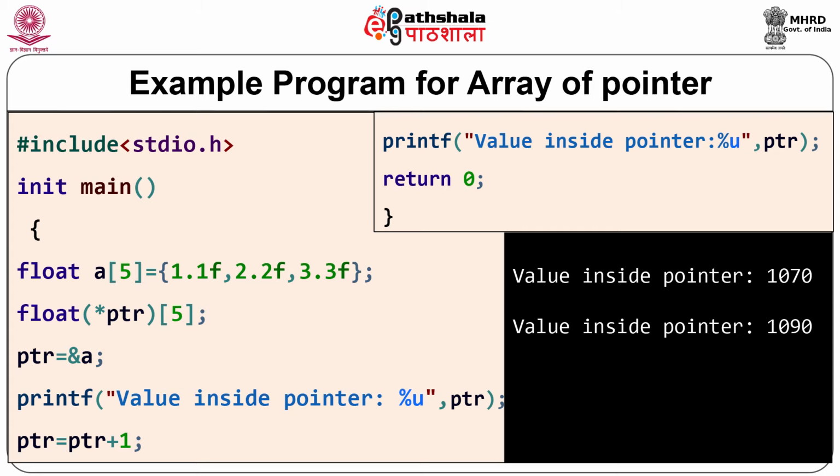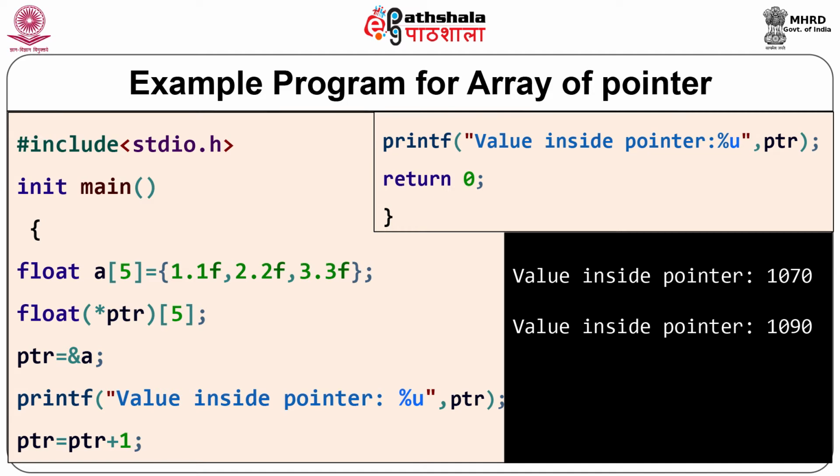Float *ptr[5]. So now we are using a pointer and the size of the pointer is 5. The third statement is ptr = &A. ptr = &A means the pointer is pointing to the address of A, the memory address of A. Fourth statement, that is printf("value inside pointer %u", ptr).